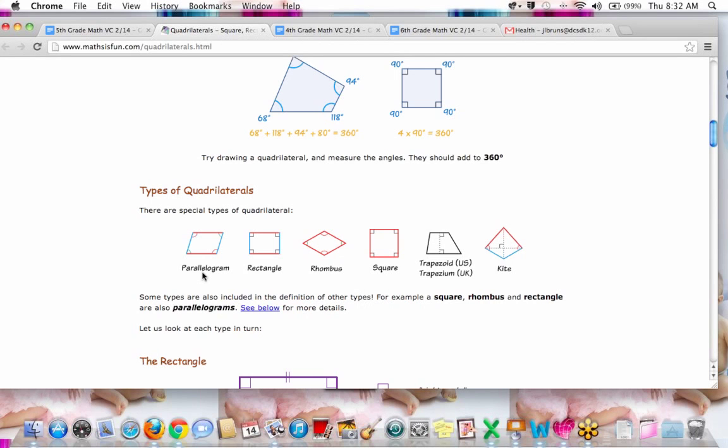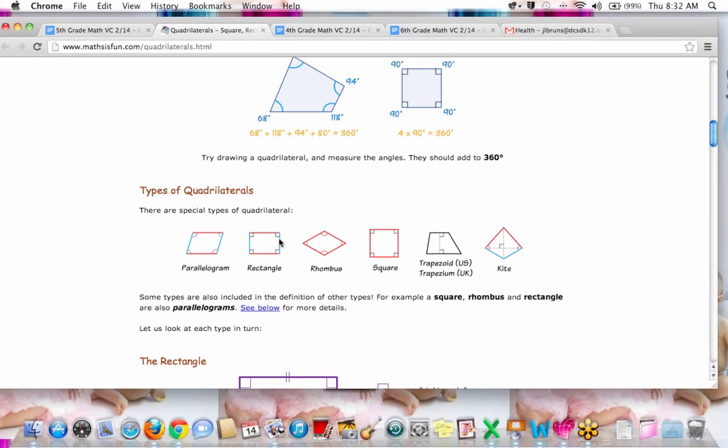They will never intersect or get farther away from each other. Yes, exactly. It means these lines are exactly parallel. They will never intersect. So you can see this red line and this red line right here are both parallel. They can go on forever. So that's a parallelogram. It has two sets of those parallel lines. And of course, it's four sides and four angles.